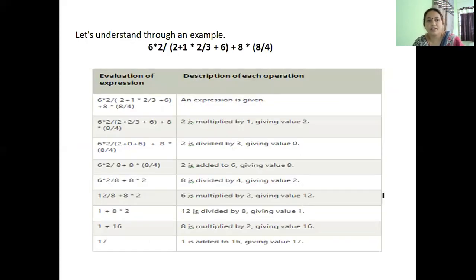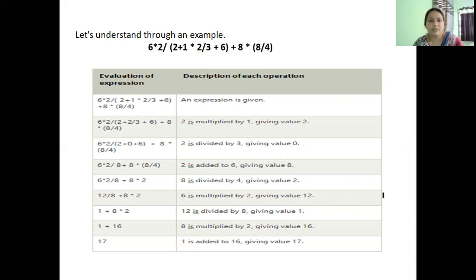Let's take an example arithmetic expression, evaluate it and find the final result. Let's evaluate it by applying the precedence and associativity rules. To keep it simple, the BODMAS rule, which is used for expression evaluation in mathematics, is applicable here as well.